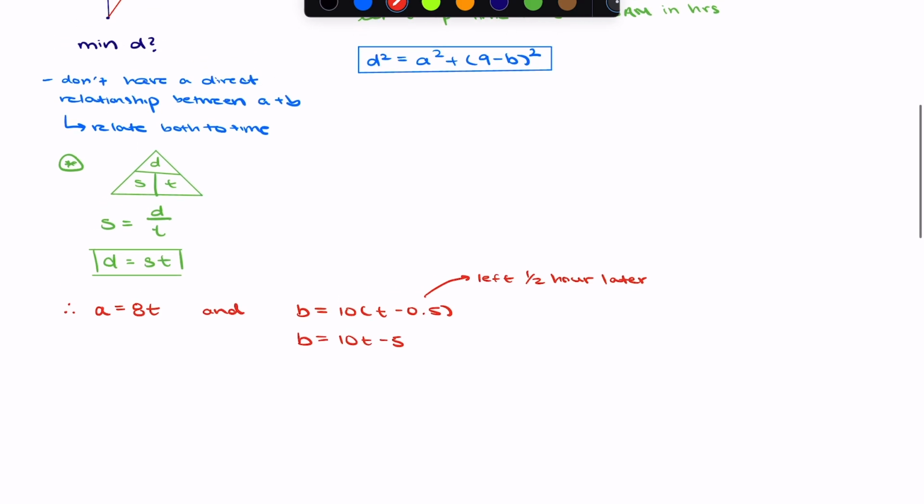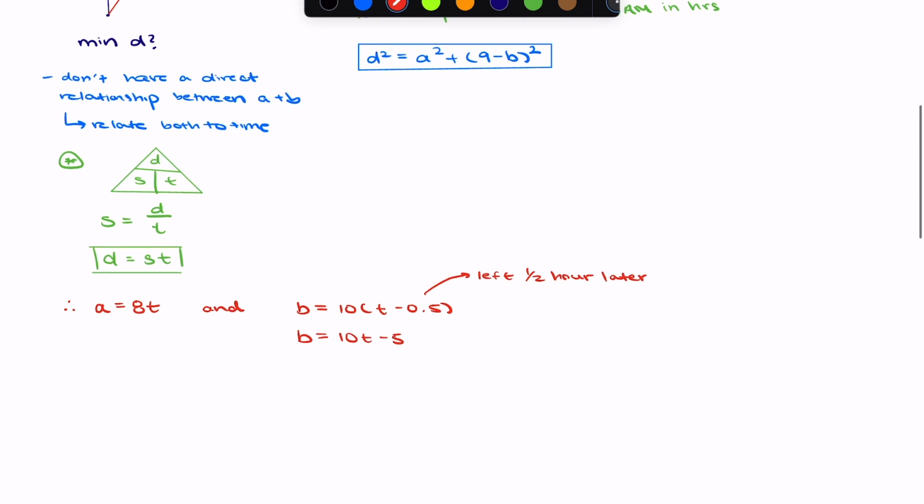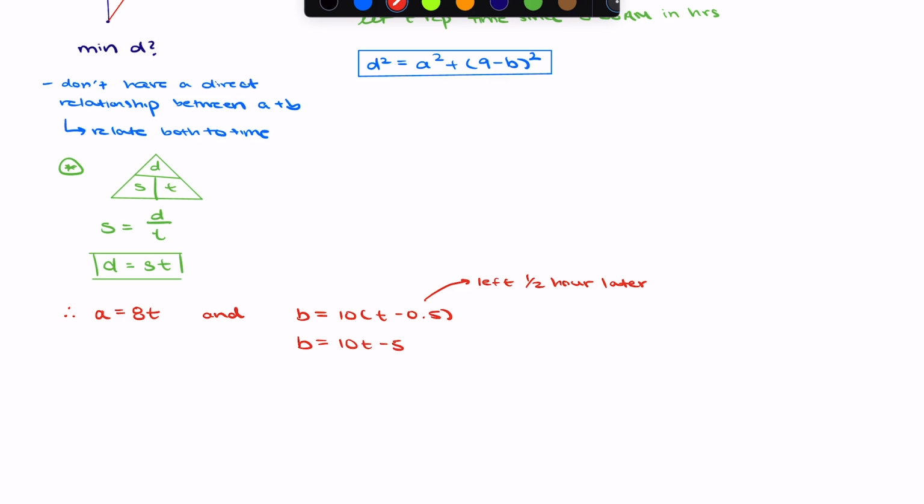Okay, so now we're going to sub that back into our equation of d squared is equal to a squared plus 9 minus b squared. So here we sub those back in.